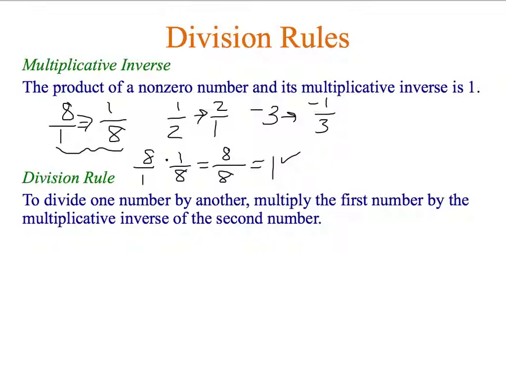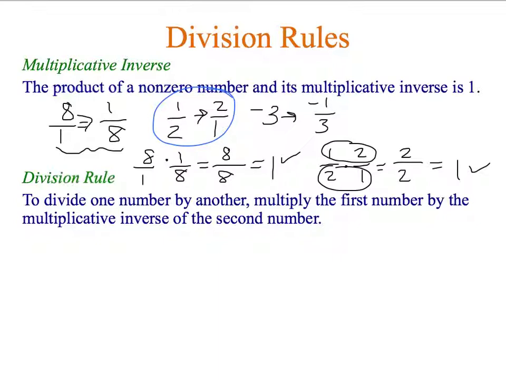Let's try again for 1/2 and 2 over 1. 1/2 multiplied by its multiplicative inverse, which is 2 over 1, is equal to, again, multiply across the top first, 2 times 1 is 2, and 2 times 1 is 2, which is equal to 1.